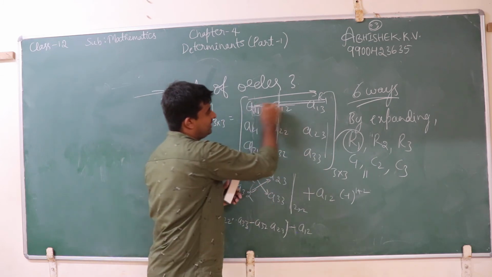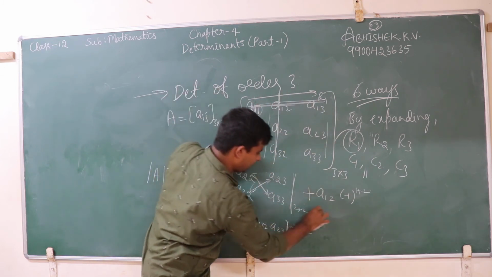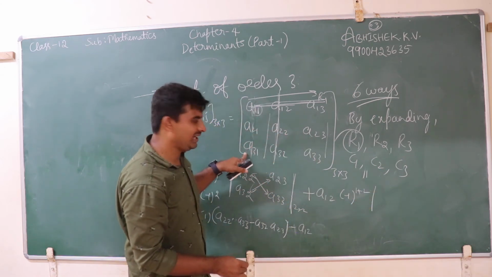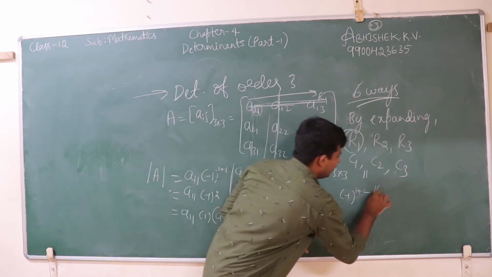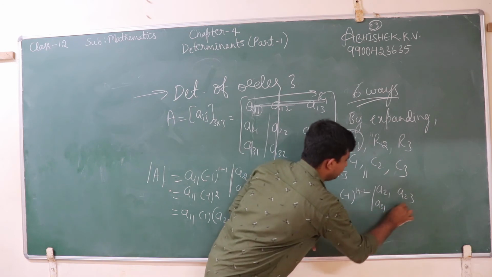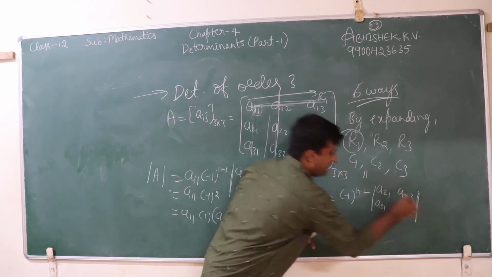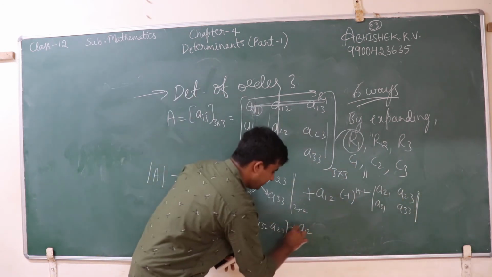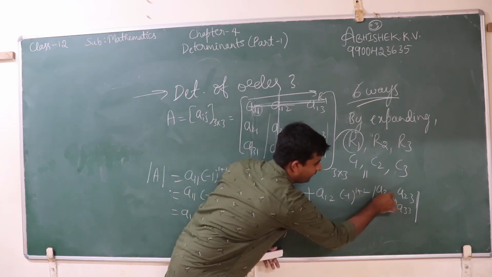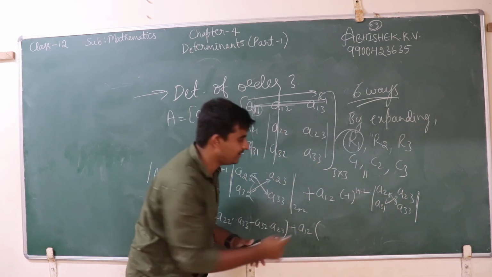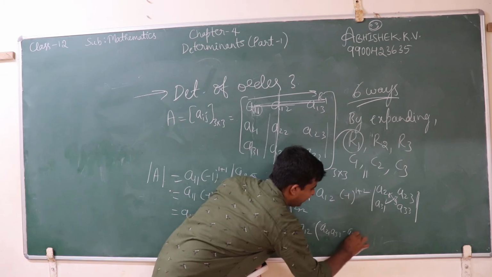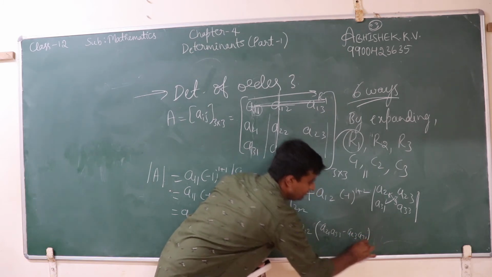This row and this column get cancelled. We are remaining with the determinant A21, A23, A31, A33. Is it clear? Then minus A12 times the value of this determinant, by taking the product of diagonal elements minus the product of anti-diagonal elements, that is A21 A33 minus A23 A31.